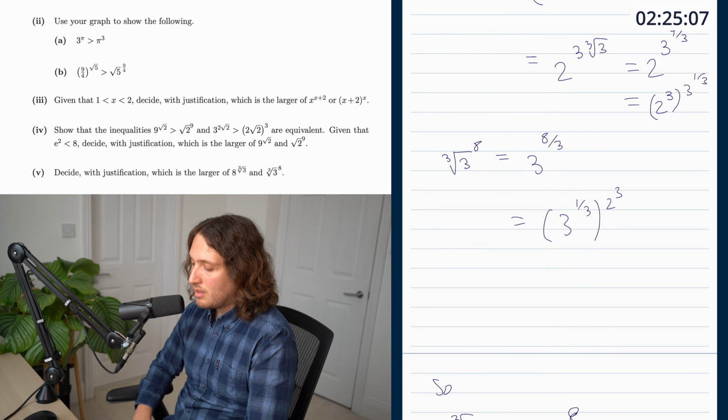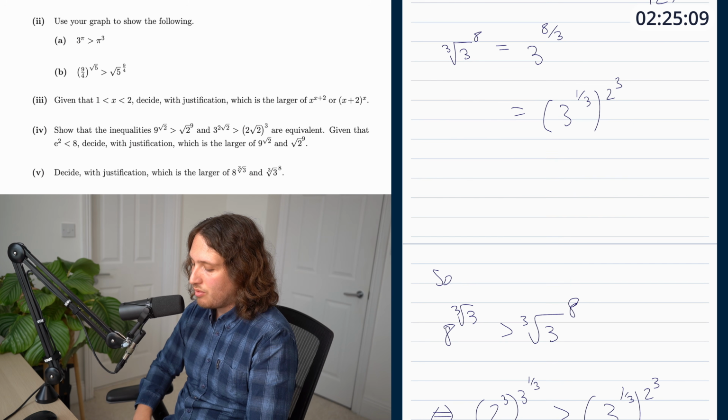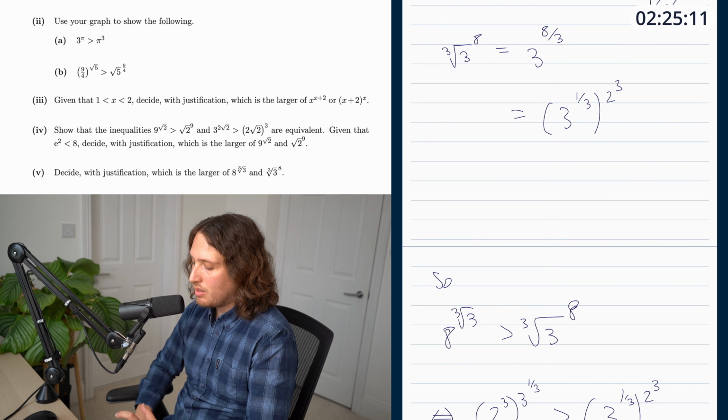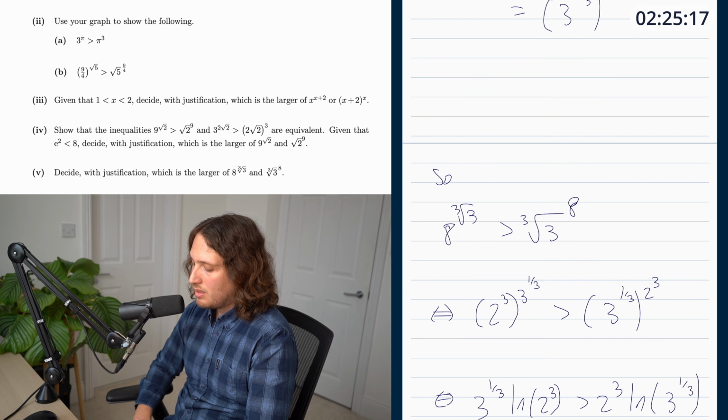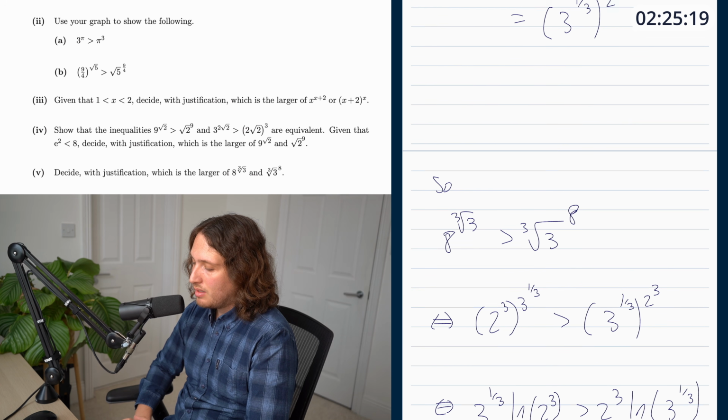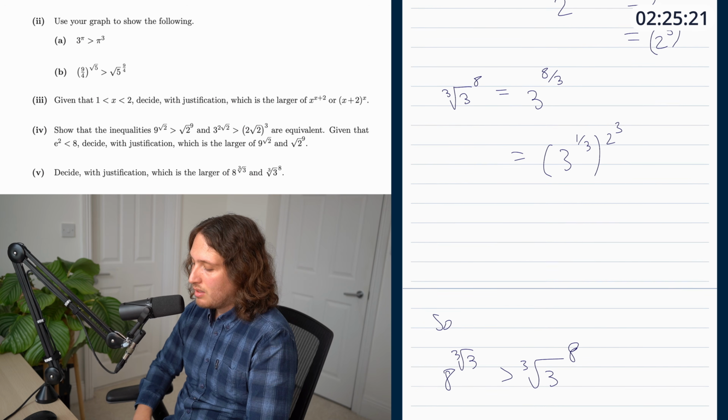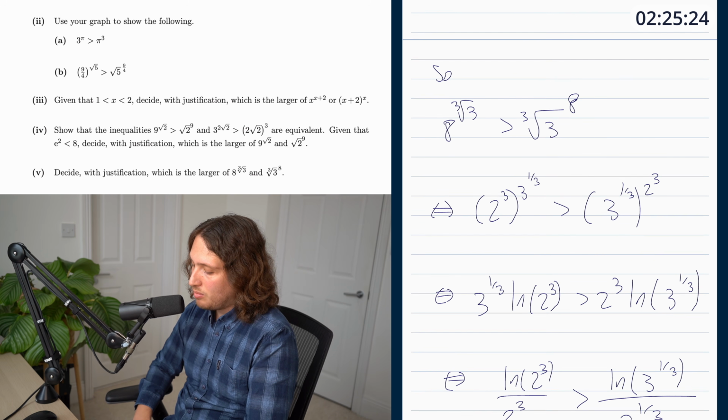So 8 to the cube root 3, bigger than cube root 3 to the 8, is equivalent to 2 cubed to the 3 to the third, bigger than 3 to the third to the 2 cubed.